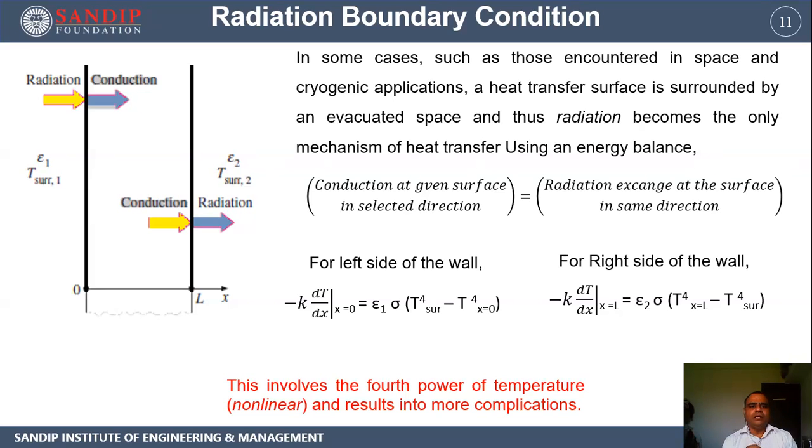Or, if you want to consider radiation, we can convert the radiation heat transfer for that surface and count it in terms of the convective heat transfer coefficient. In that situation the heat transfer coefficient will represent both the radiation heat exchange as well as the convective heat exchange, and that is conveniently done in many real life problems.